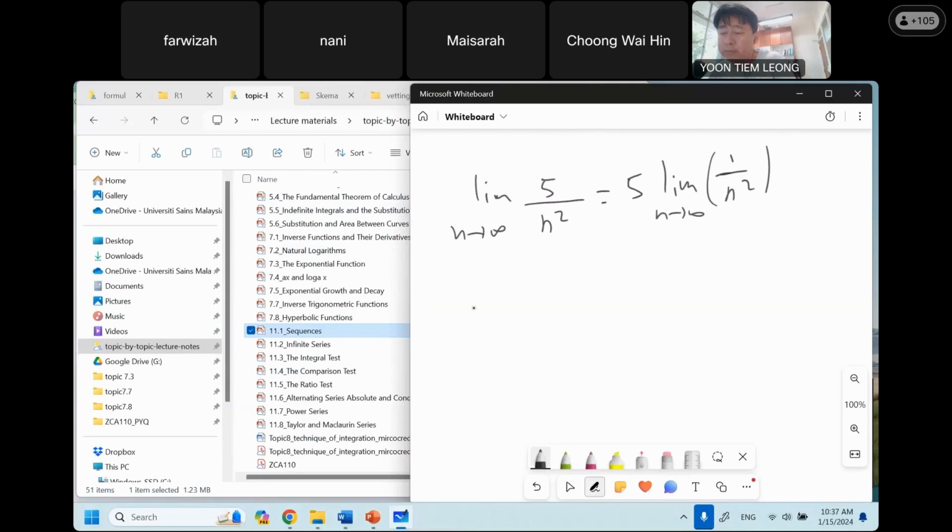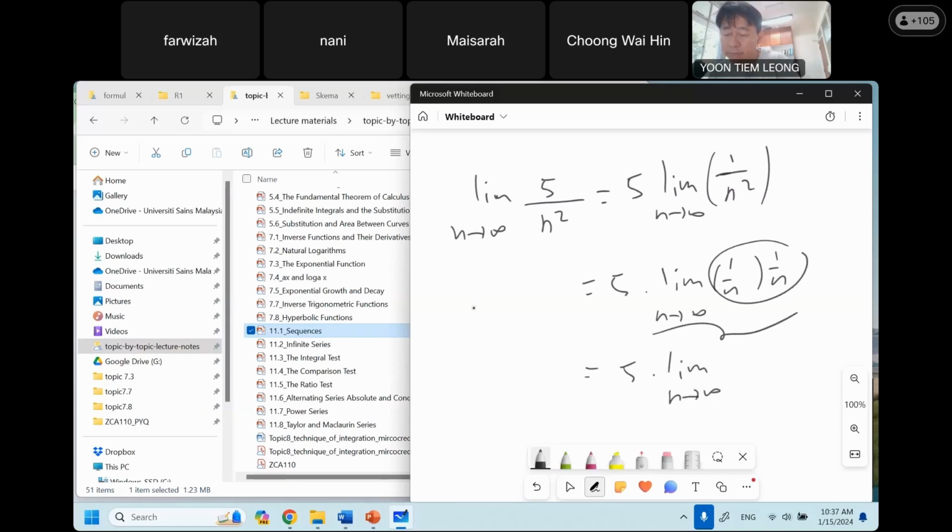And then this means a product of two terms. So the limit as n goes to infinity of 1 over n squared is considered as the product of 1 over n and 1 over n. And according to the product rule, this can then be broken down into the limit of two terms.